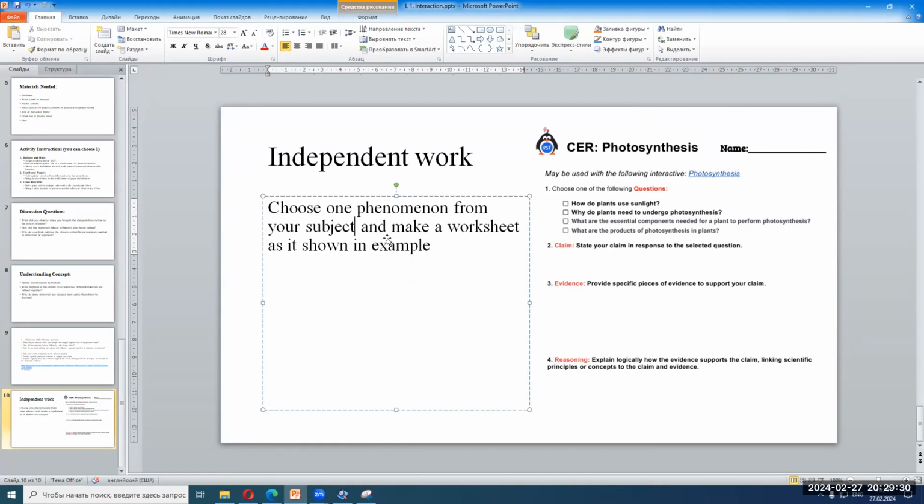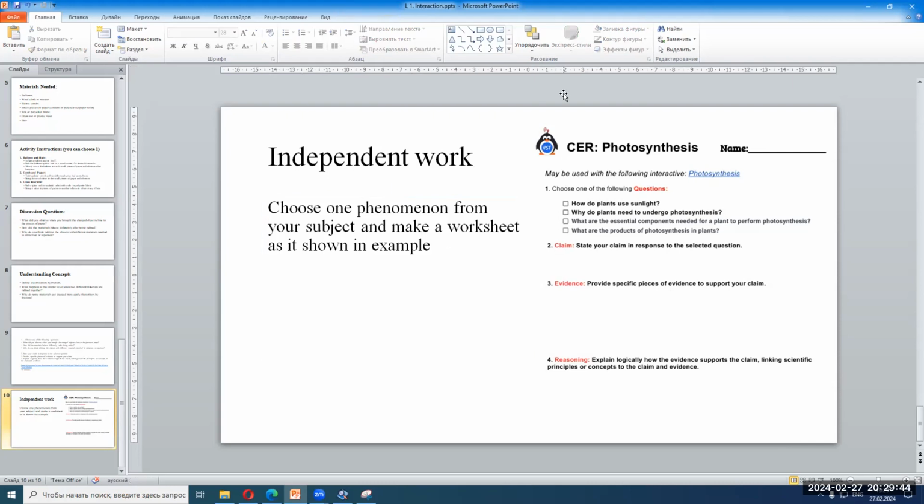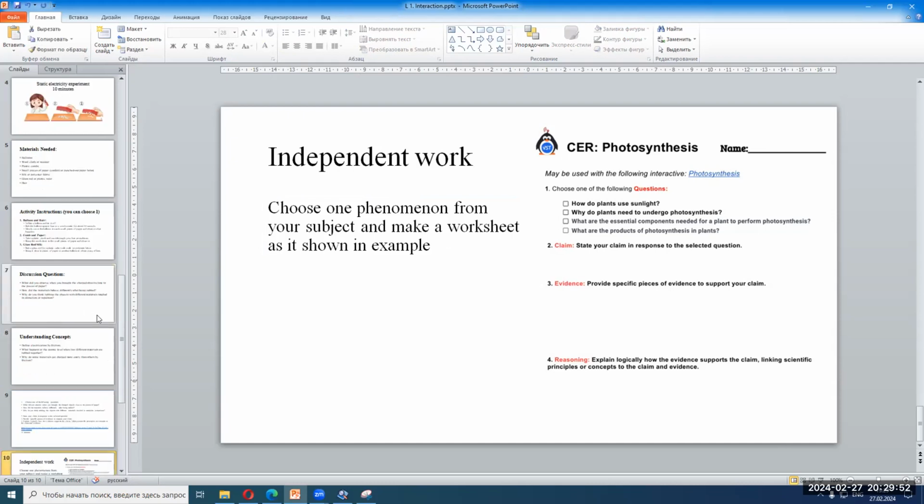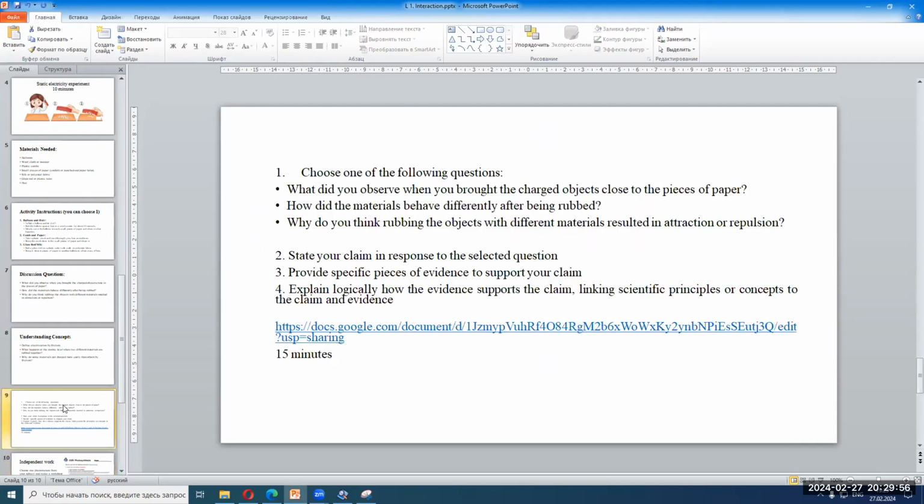Each of our learners will choose one phenomenon or question and make a similar worksheet as shown in the example. Then they can use it with their students at school. This is just part of our plan for one lesson. Yeah, actually I finished.